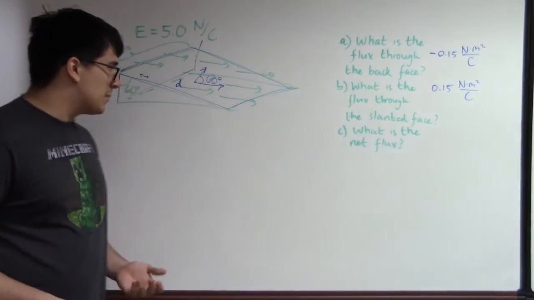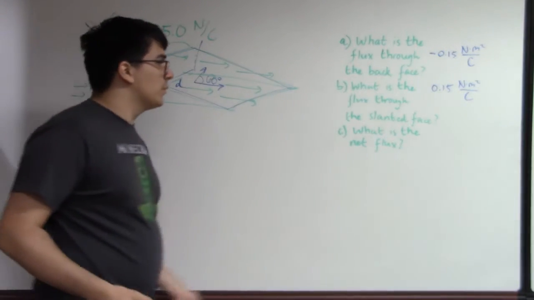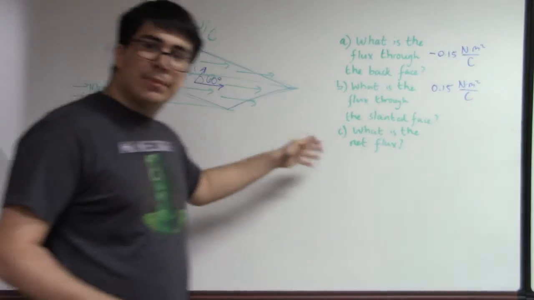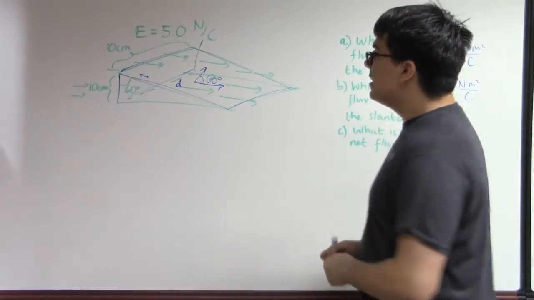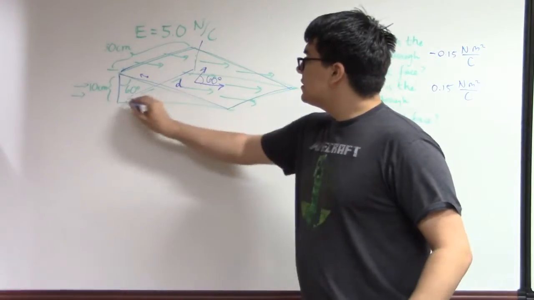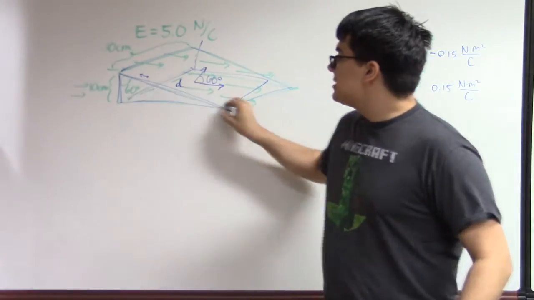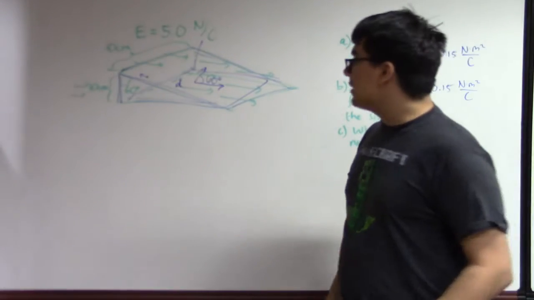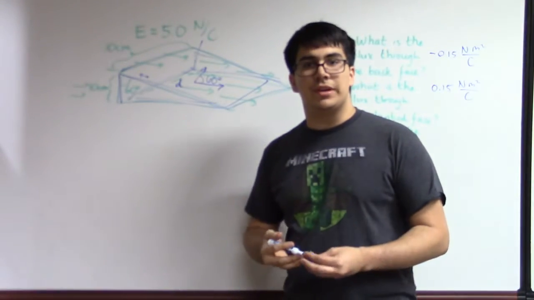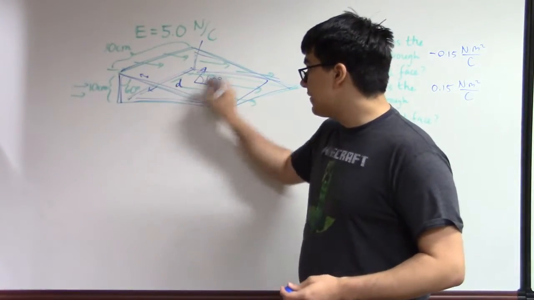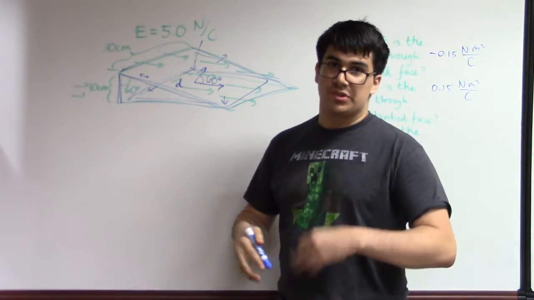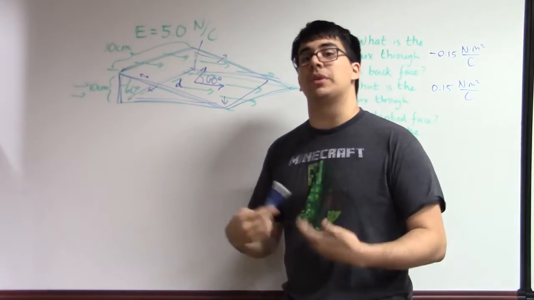And for the last part of this problem, it's going to be a really easy one. What's the total net flux for this entire volume? Well, we just add up the flux for these faces. For the bottom face, and for these side triangular faces, there is going to be no flux because the angle between the normal for each of these faces and the electric field is going to be 90 degrees, which essentially means they're perpendicular and the dot product is going to be 0.